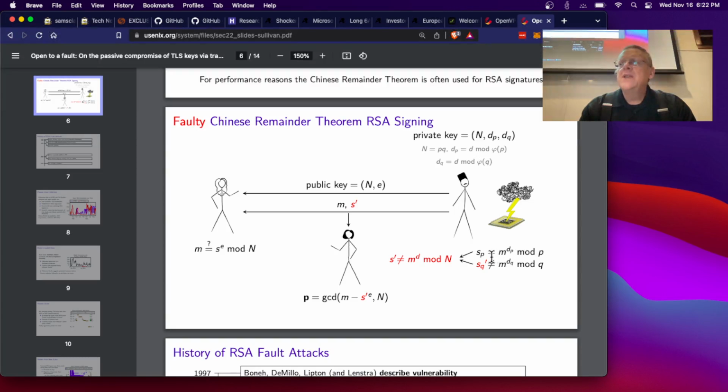What they do is they calculate these two pieces, one part mod P and one part mod Q, and then combine them, just because that's faster. But what that means is, if you make a mistake in one of these, when you multiply them together, you'll get something that has a common factor of P or Q compared to the real signature.